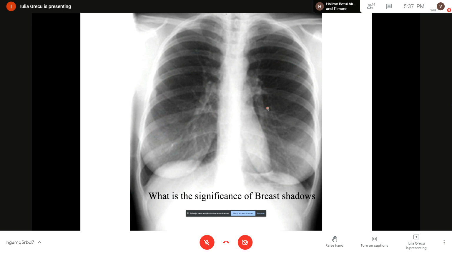an image that you have to get used to is the shadow of the breasts that can be found on the thoracic film.